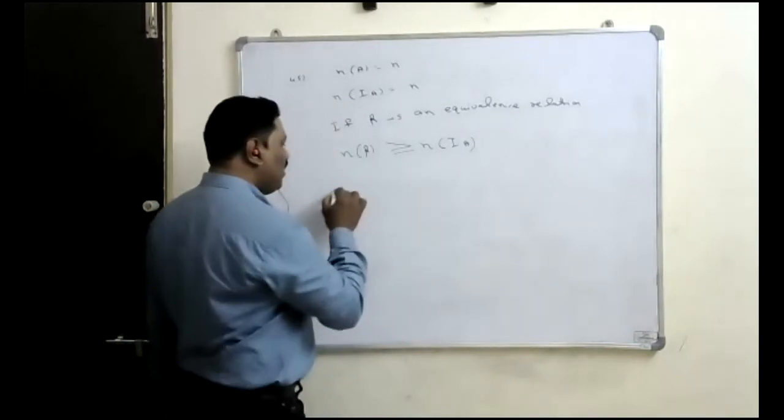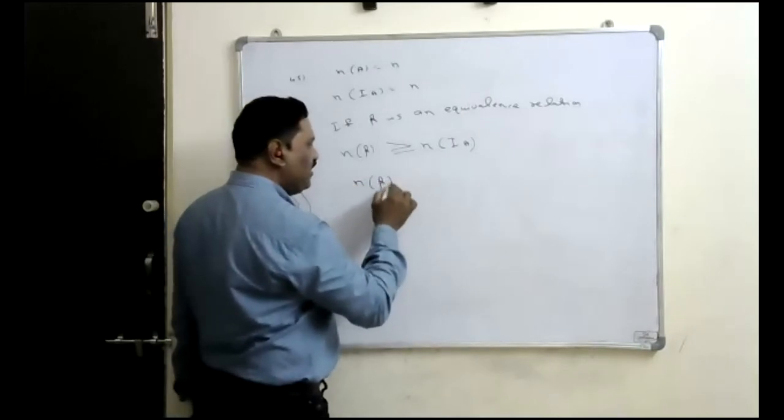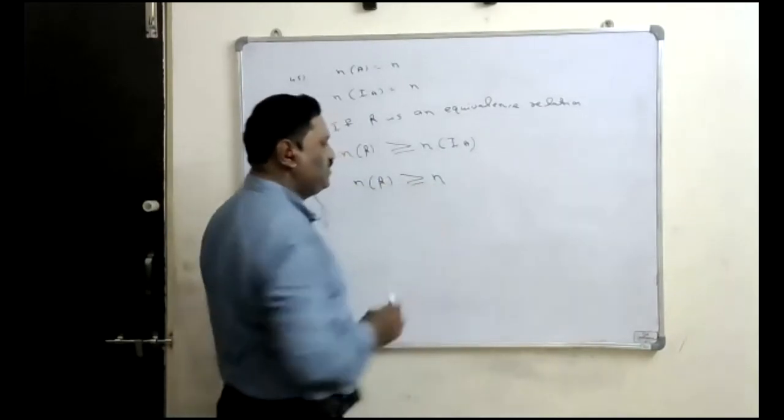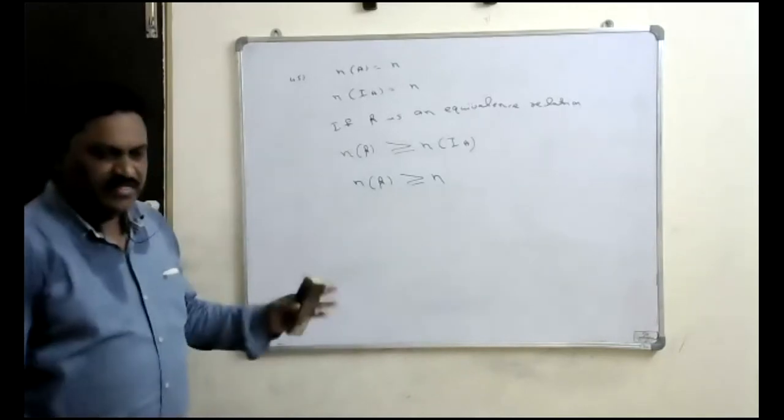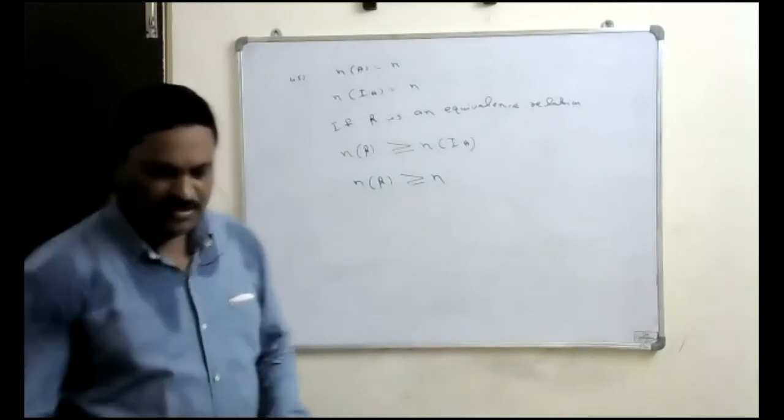So the number of ordered pairs in the relation R is greater than or equal to n. This is the answer. Take that.